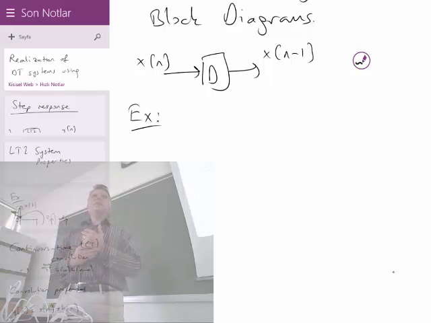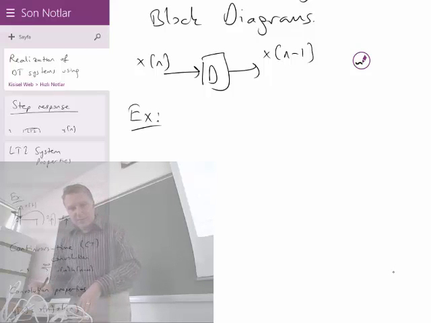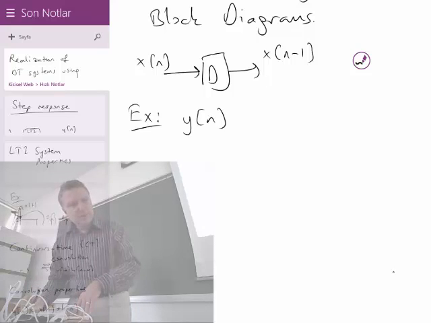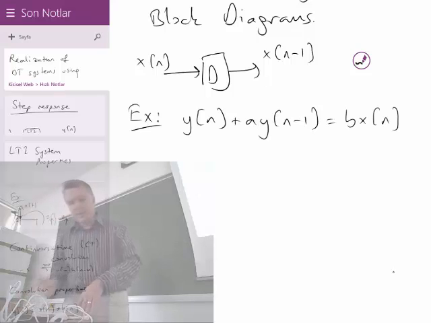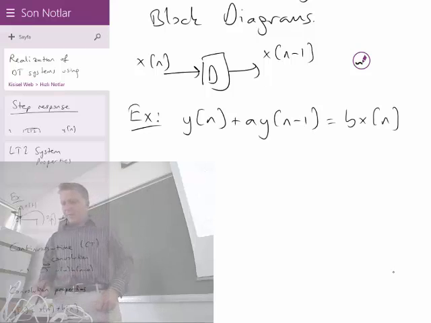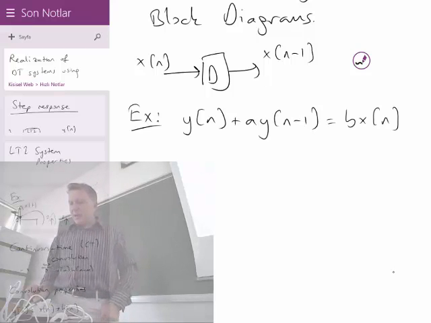And remember that if you have a difference equation, then it will correspond to a linear and time invariant system. Look at the first difference equation: y of n plus a times y of n minus 1 is equal to b times x of n.